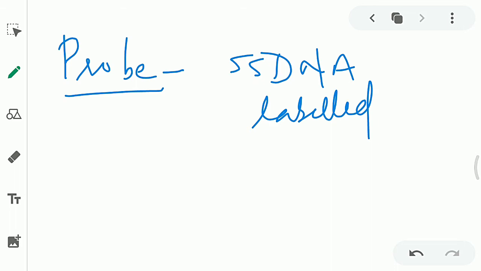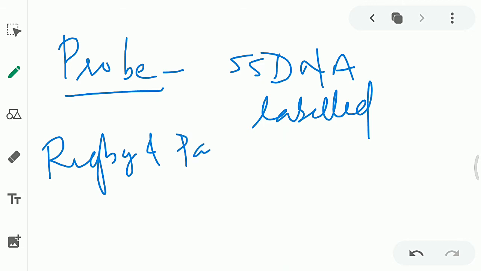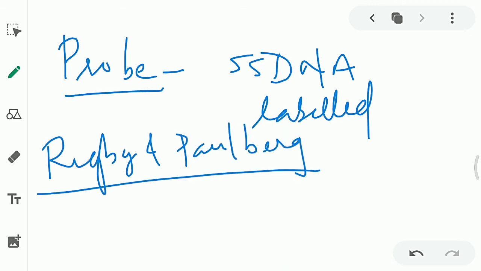For this fluorescent labeling, Rigby and Paul Berg have come up with a very interesting technique, and that is known as nick translation.